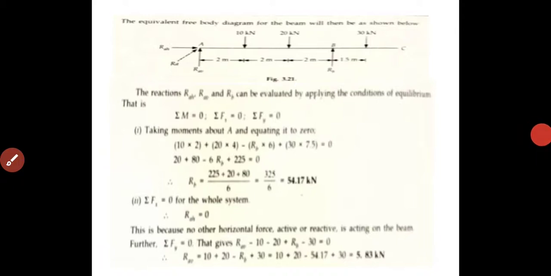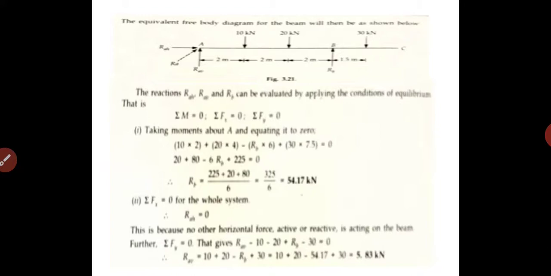So now reactions RAH, RAV, RB can be evaluated by applying the conditions of equilibrium, that is summation M equal to 0, summation FV equal to 0, and summation FH equal to 0. Then horizontal component 0, vertical component 0, and moment 0.